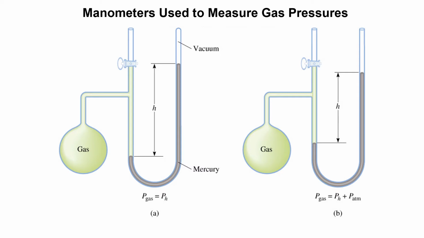So when the pressure of the gas is greater than atmospheric pressure, the level in the arm attached to the tube is lower than the level of the arm exposed to the atmosphere. So this is the P of the gas, then can be calculated by adding or summing the P height to the atmospheric pressure.